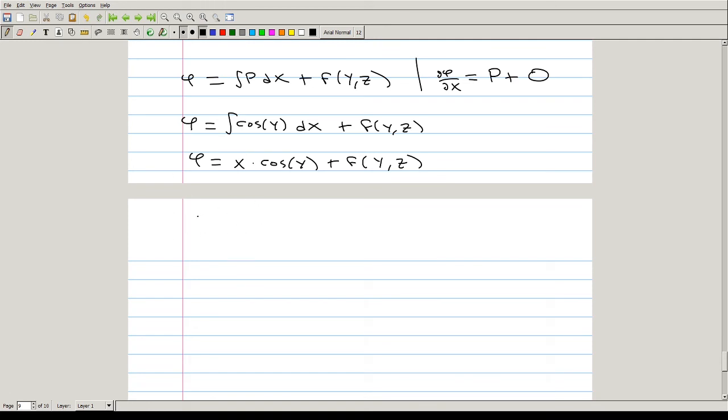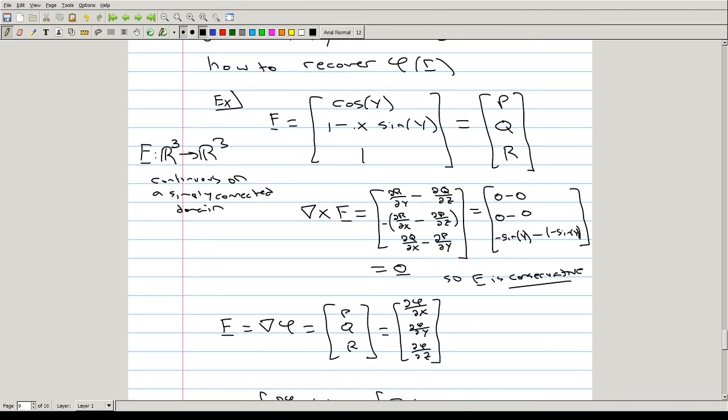And we'll do that by using our second condition, which is that the y partial derivative of phi has to be equal to 1 minus x times sine of y.